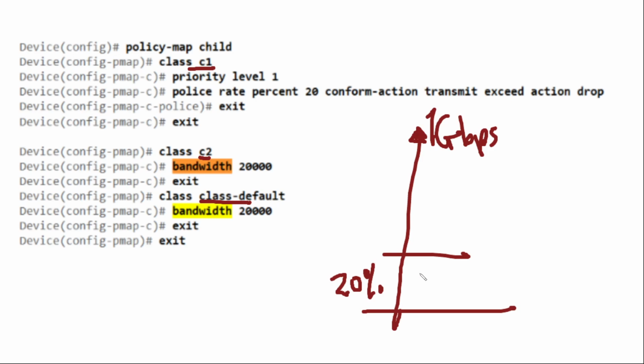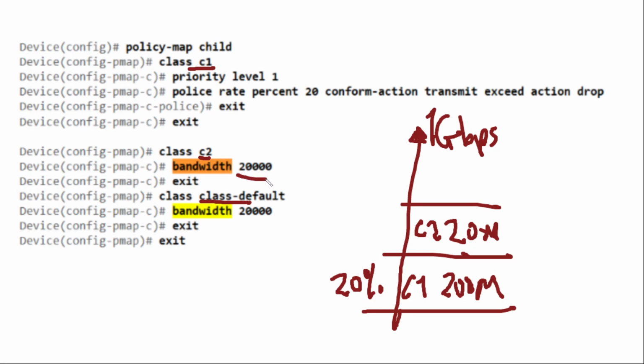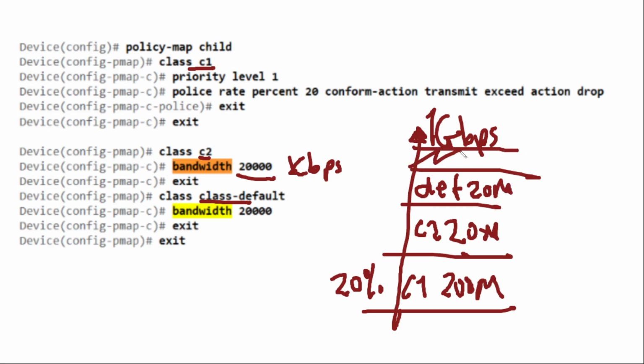So C1 will be using 200 megabit per second. And then C2, we are going to say that it is going to use 20 megabit per second, because remember that this value is given in kilobit per second. And then the class default is going to be assigned 20 megabit per second. There is plenty of unused bandwidth here.